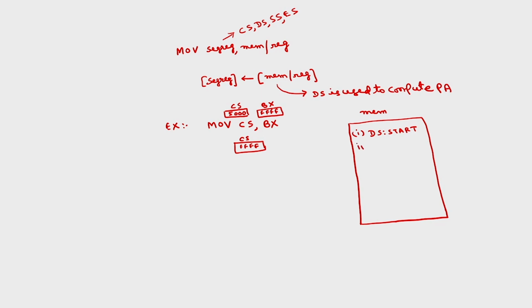The second way to represent memory can be the contents of BX or BP, SI or DI. This is called register indirect addressing mode.